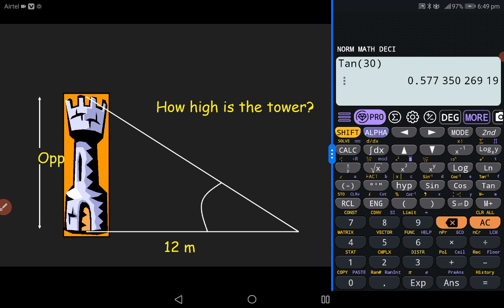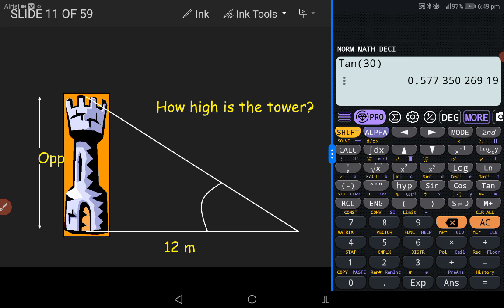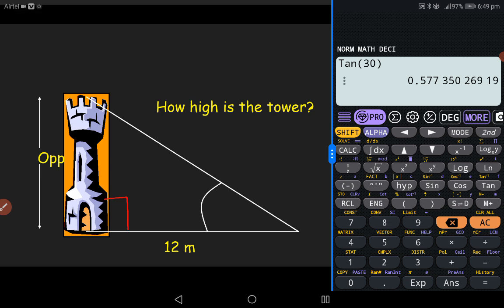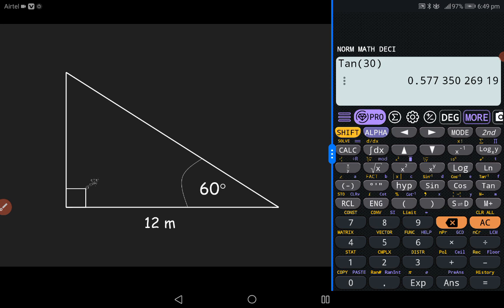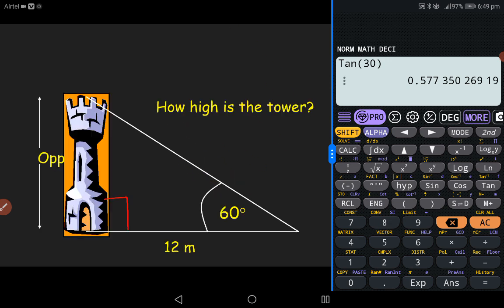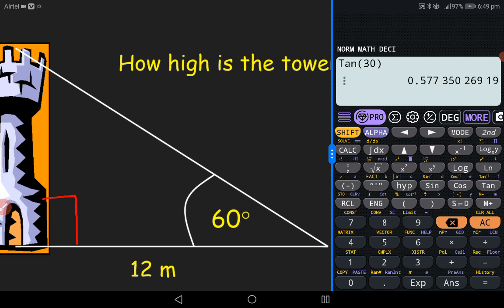Here you can notice that this happens to be your 90-degree angle, right? And this angle here, let's say it is 60 degrees, and the hypotenuse may be given.